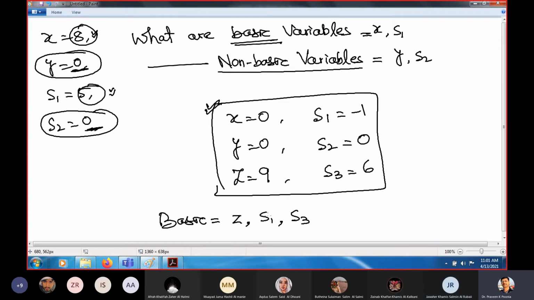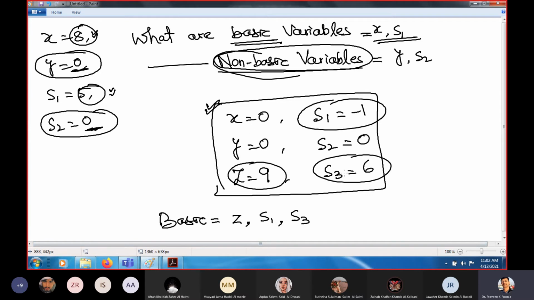So my dear friends, you will find these types of questions in your midterm. Please practice, please listen carefully. If the variable is 0, it is non-basic. If the variable is not 0, it is basic. Remember. So basic variables are Z, S1 and S3.